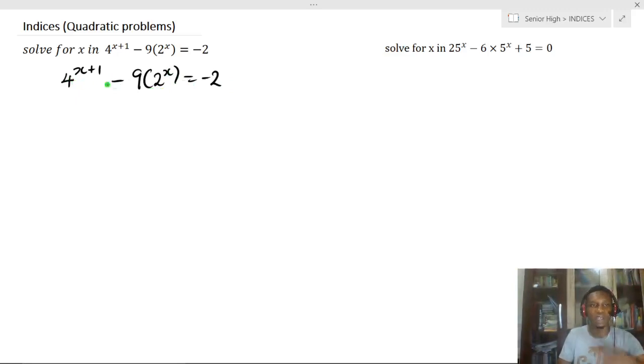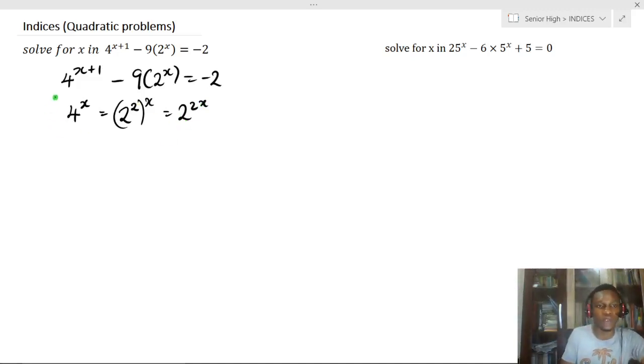How? Because we know that 4 raised to the power of x can be written as 2 raised to the power of 2, and then you put your x outside, that's 2 raised to the power of 2x. I believe you understand this.